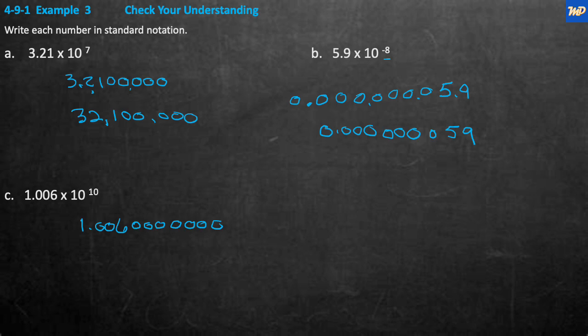Now we count our commas coming back: 1, 2, 3, 1, 2, 3, 1, 2, 3. There's a 10. So we're going to have a 1, 0, comma, 0, 6, 0, comma, 0, 0, 0, comma, 0, 0, 0. Rewritten out, this ends up being 10 billion, 60 million is the answer on this one.